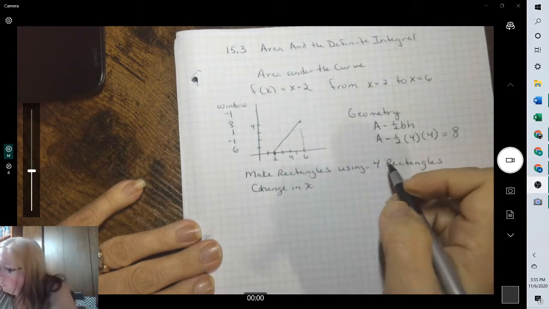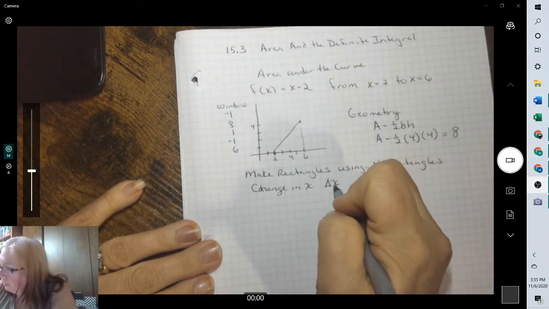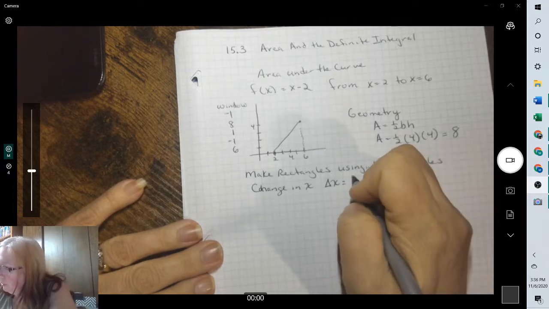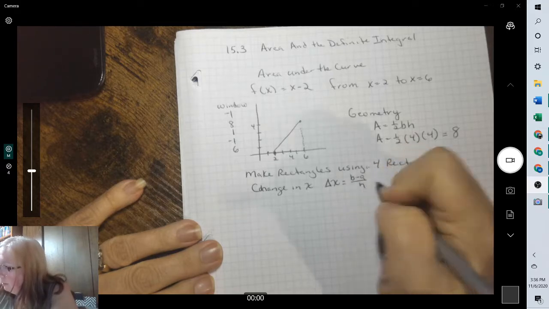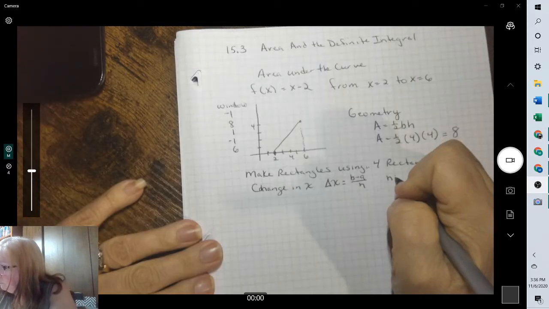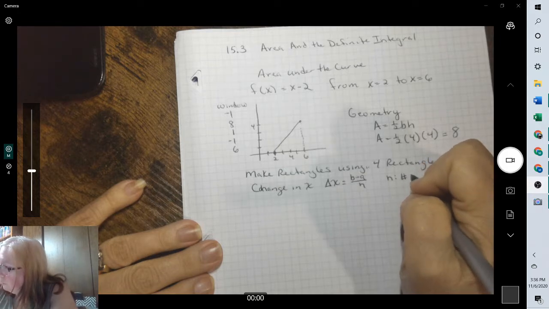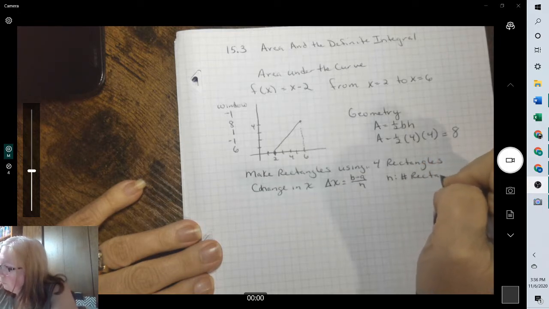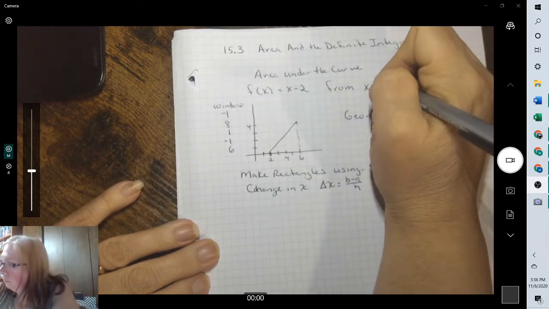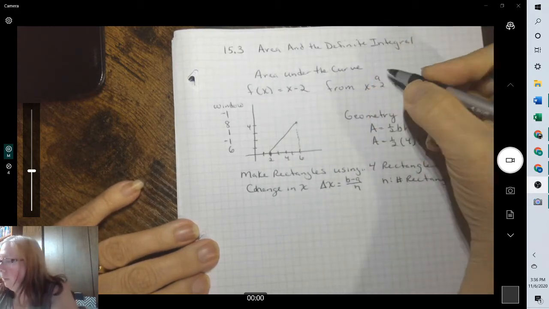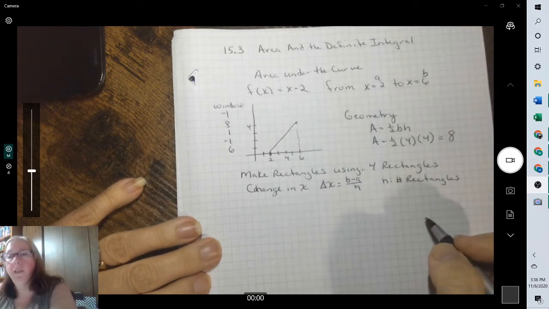So we need to find our change in x, delta x. And the formula is b minus a over n. N's the number of rectangles, and a is your smaller value, b is the larger value.